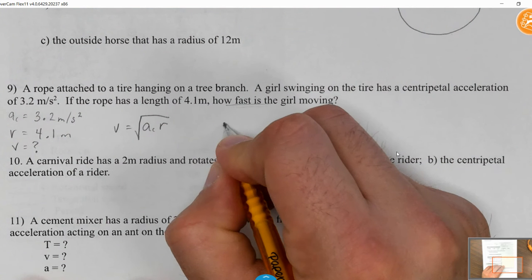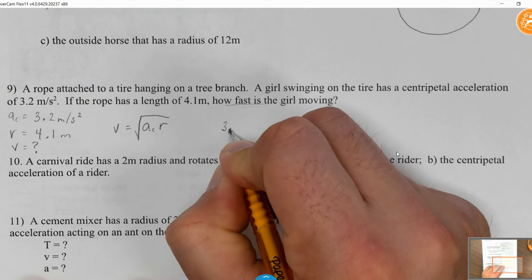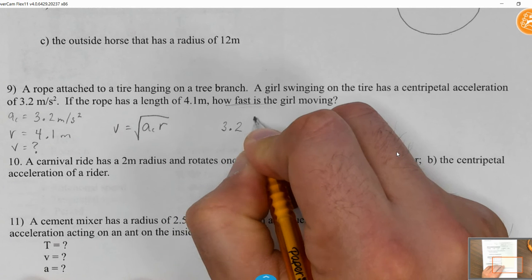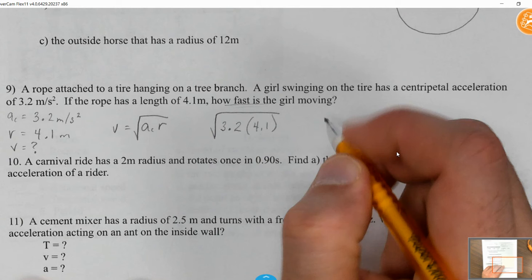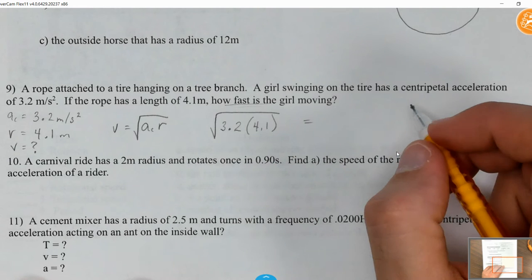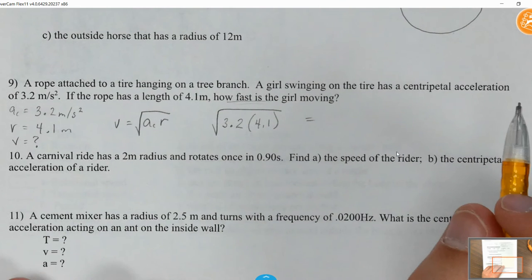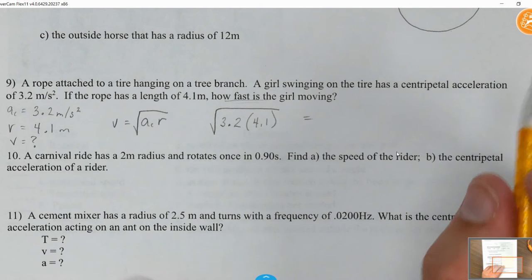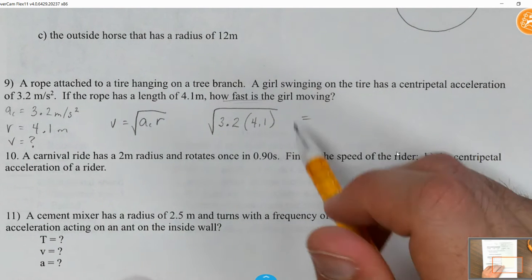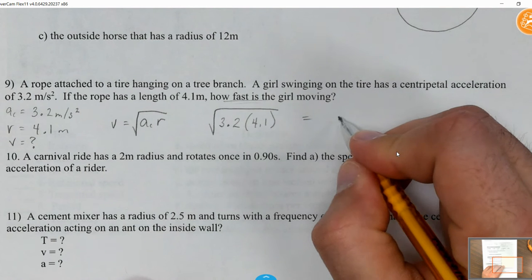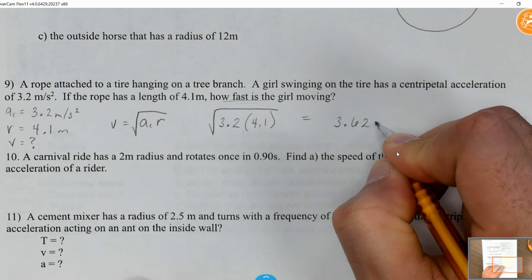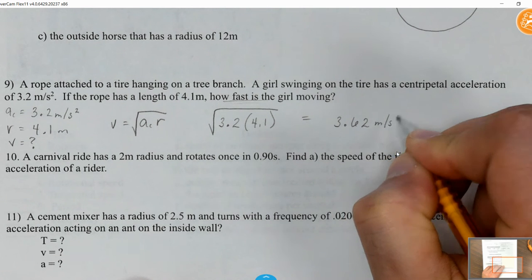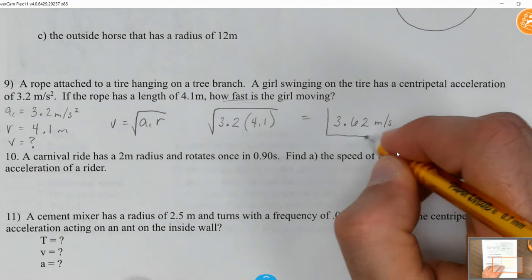So you're going to do 3.2 times 4.1, 13.12, square root that, and you're cranking out an answer of about this.